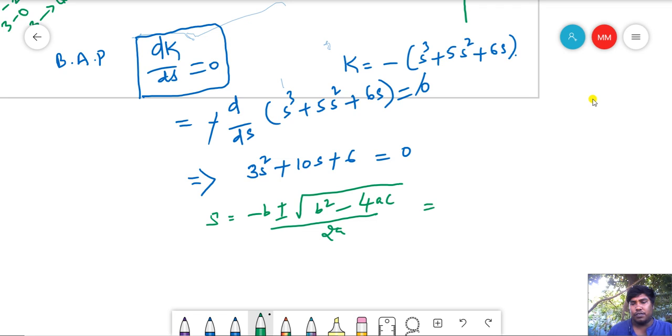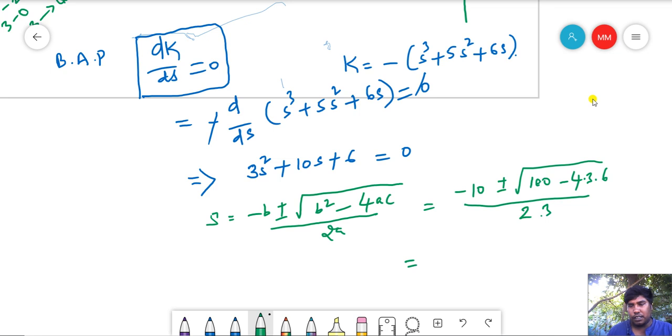Which is nothing but minus 10 plus or minus square root of 100 minus 4 into 3 into 6, divided by 2 into 3. So which is nothing but minus 10 plus or minus under root 100 minus this entire value, which will be 72, divided by 6.